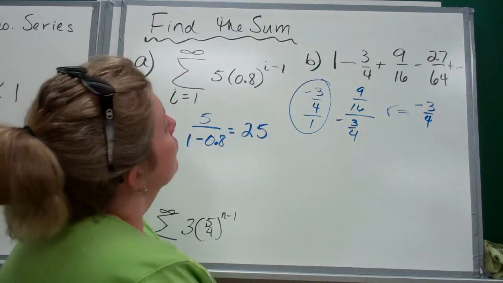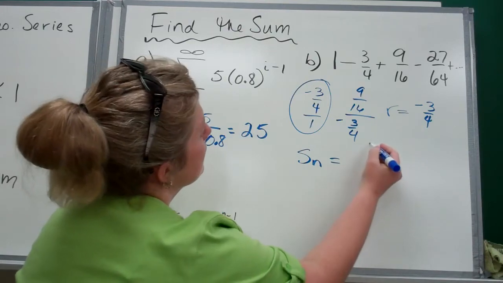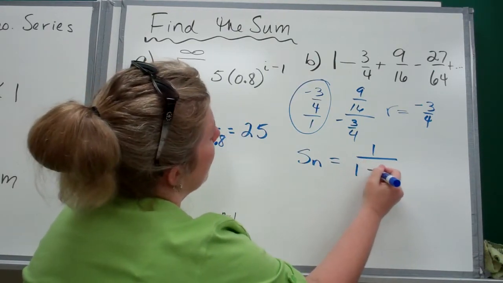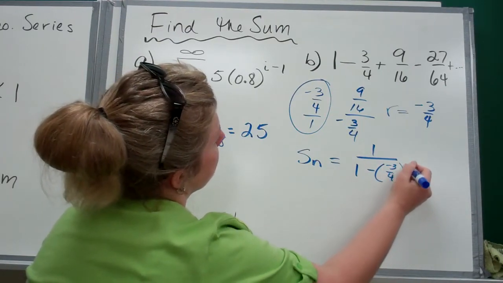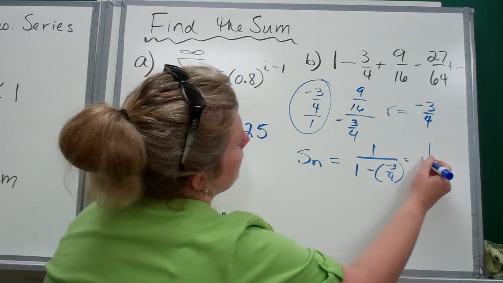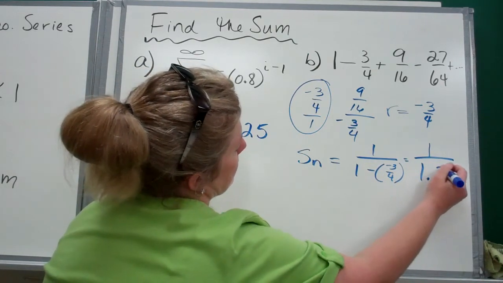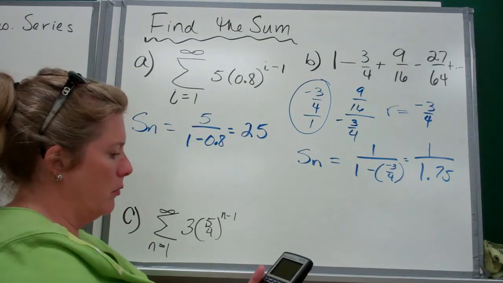So here we go. The sum is going to equal 1 over 1 minus the common ratio, which is -3/4. So it's 1 over 1 plus 3/4, or 1.75. If you want to deal with the decimals, that's fine.